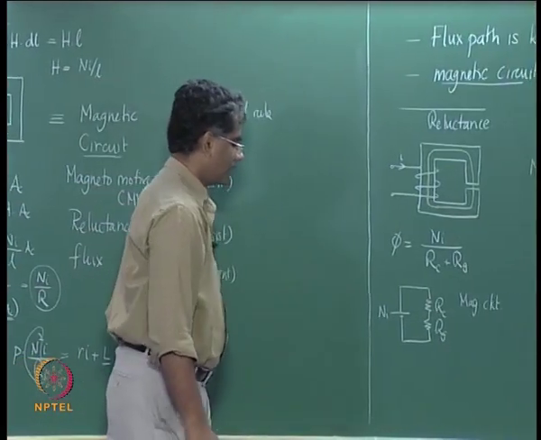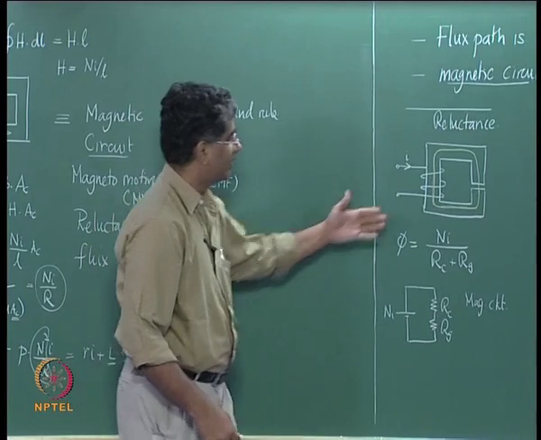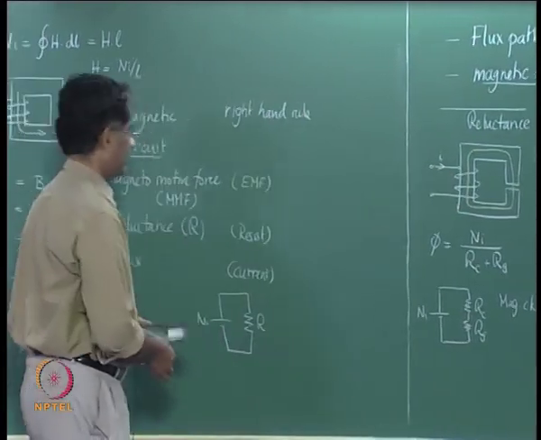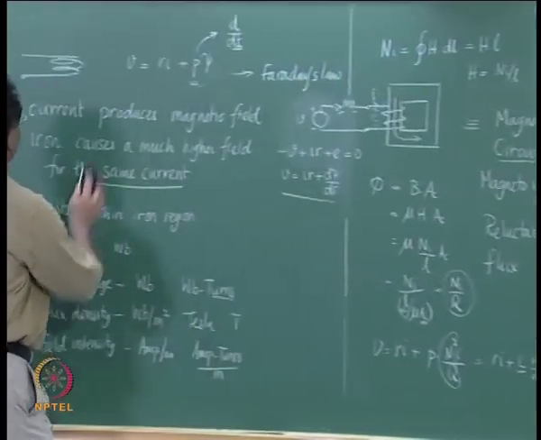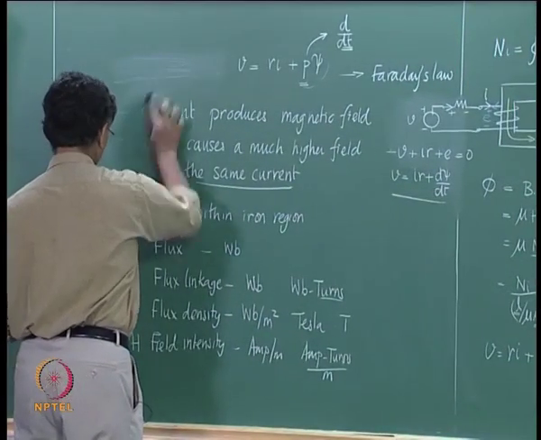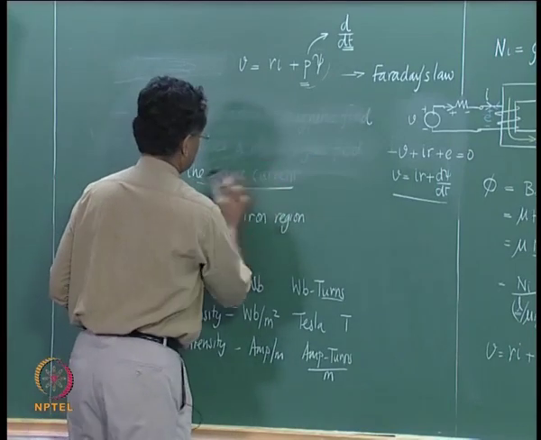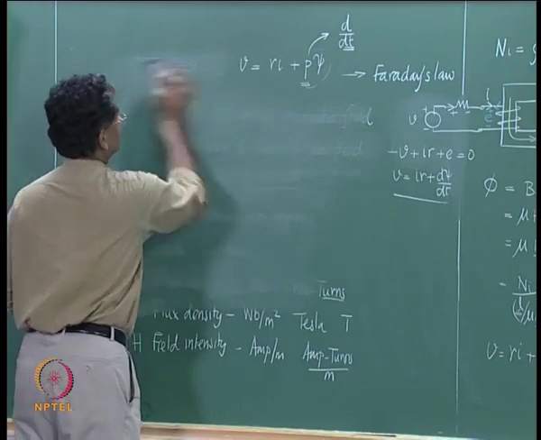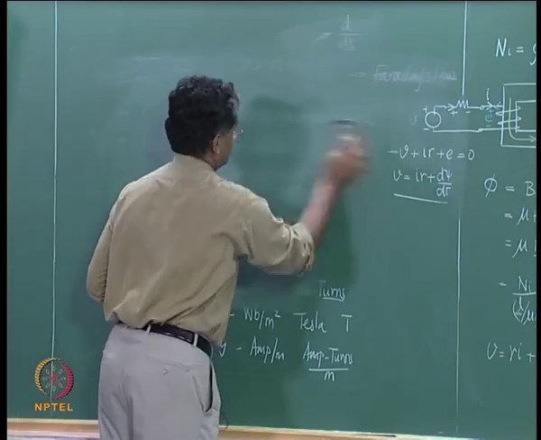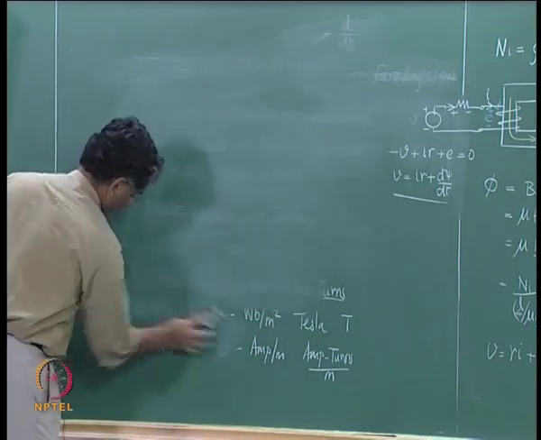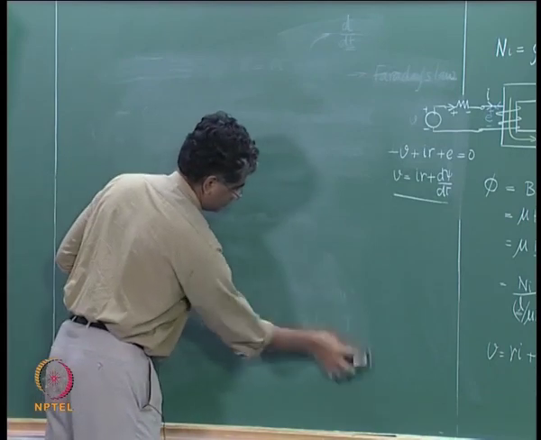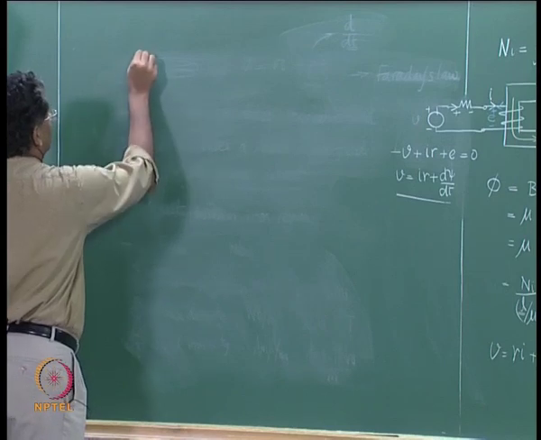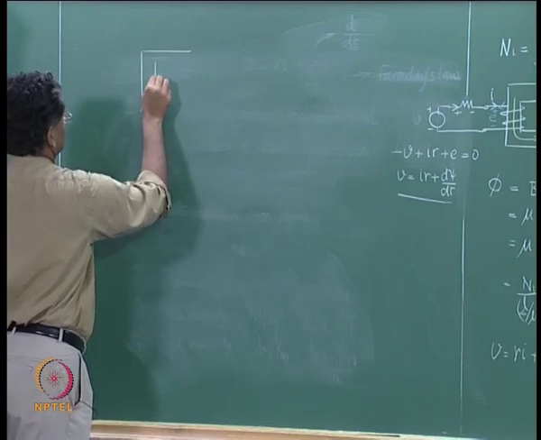Now one may have an iron core which is a little more sophisticated or more involved, not a simple geometry like this, but a more complicated geometry. Let us say that you have an iron core which looks like this.